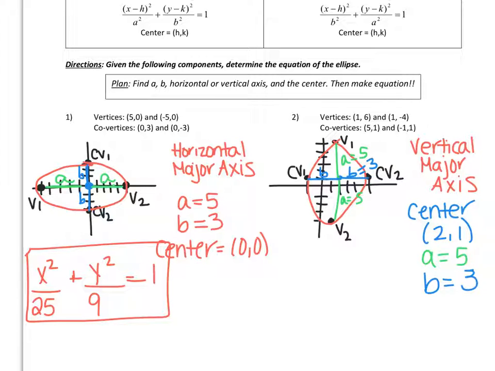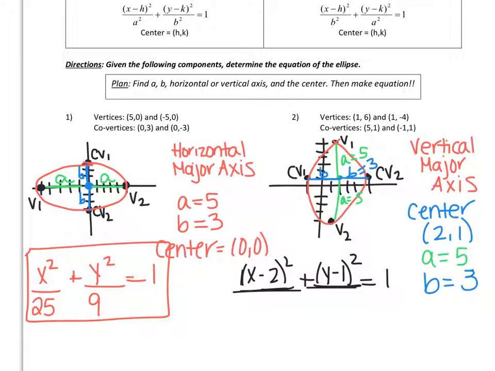Okay, now if I want to put all this together to write the equation, we're going to set it up as follows. Now remember, when we put the center into the equation, it's always the opposite signs. So for the x, it's going to be x minus 1 squared, y minus 1 squared.